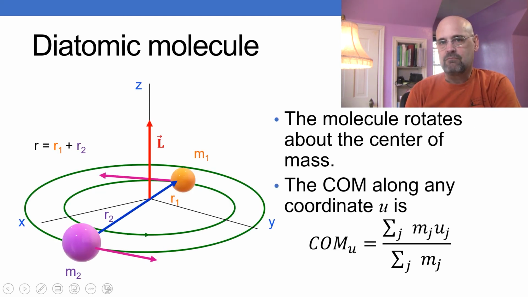We're going to start off with a diatomic molecule, because that's going to be one of our simplest cases. The molecule is going to rotate around the center of mass.